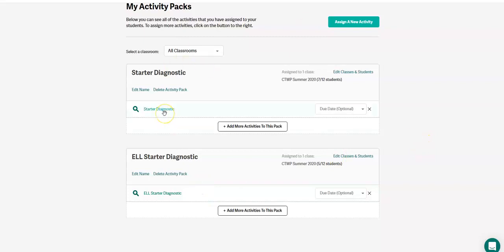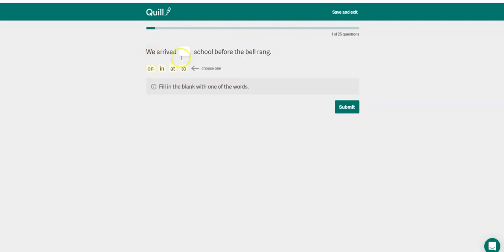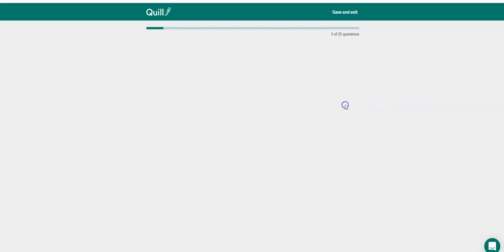I'm just going to look at a couple of the first few questions to give you an idea, because there are a few things I would like to point out. I'm not going to go very far into this. So this is the starter diagnostic for English. We arrived blank school before the bell rang, so we're going to say at. And they do have to type it in.